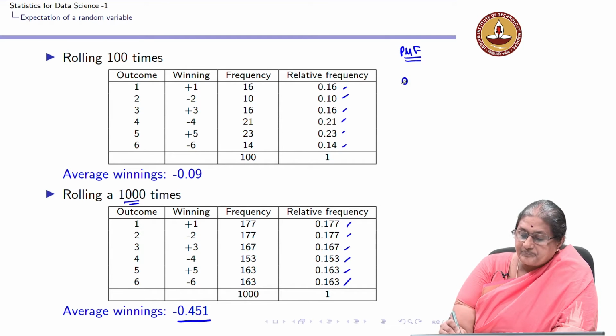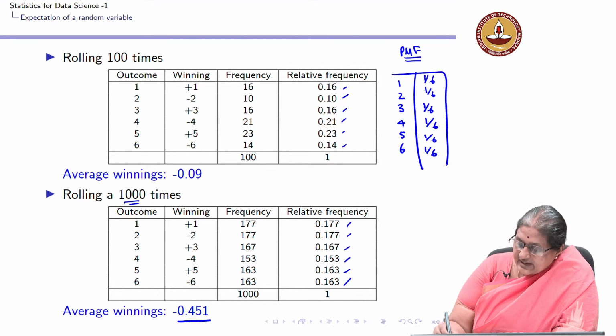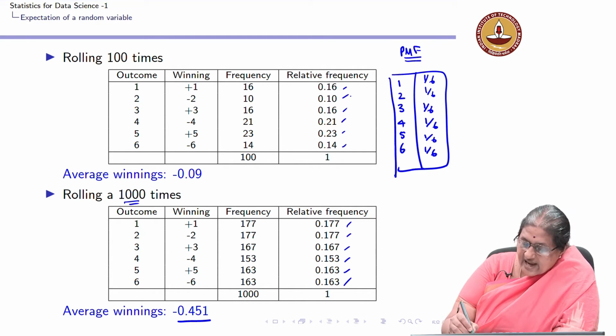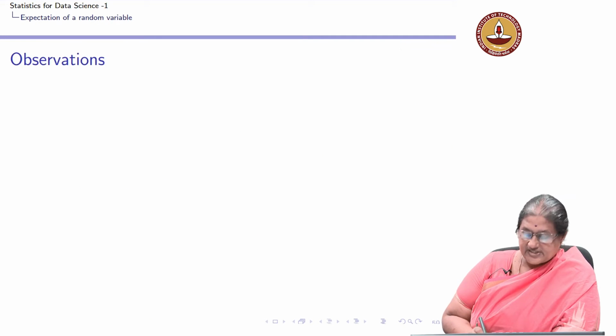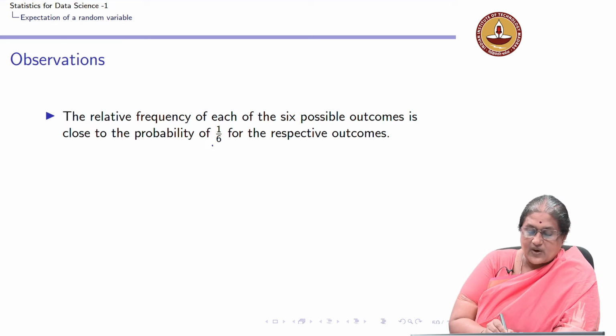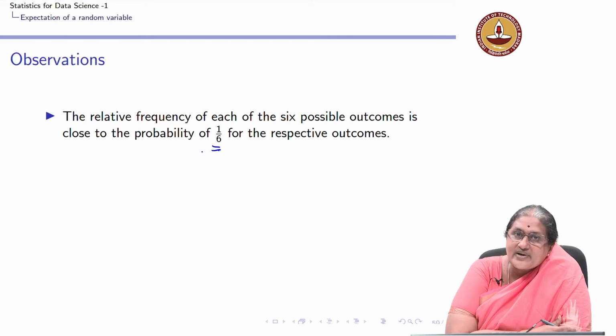I had the following outcomes 1, 2, 3, 4, 5, 6 with probability 1 by 6 each. So, you can recognize that what is stated as the relative frequency is precisely this 1 by 6, or it is very close to this 1 by 6.